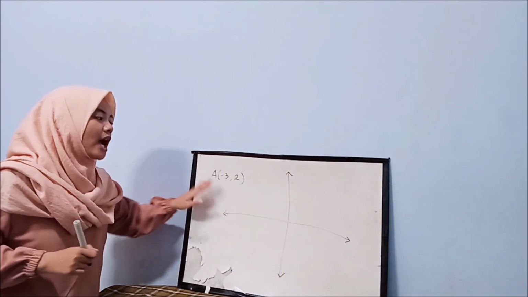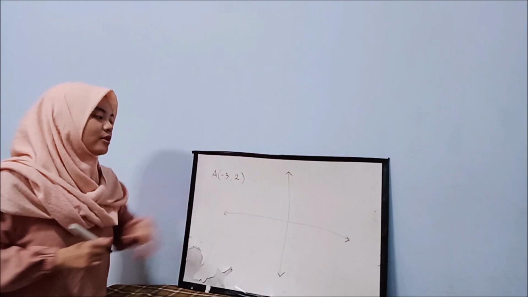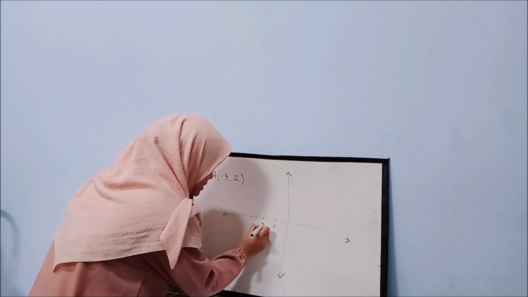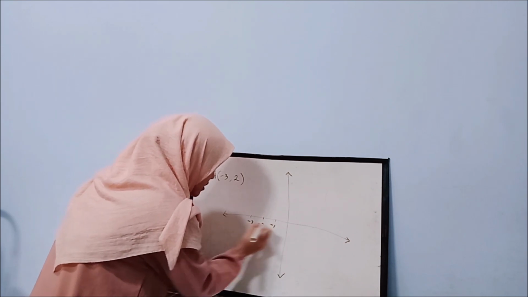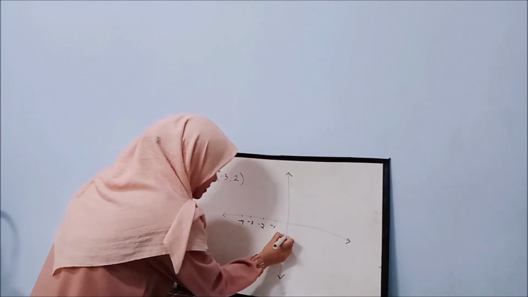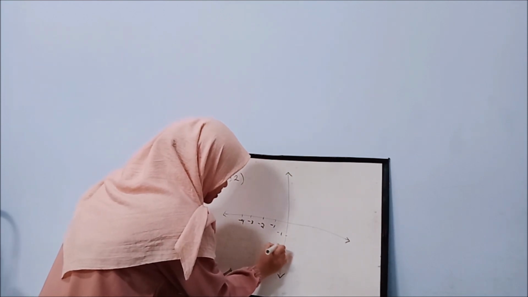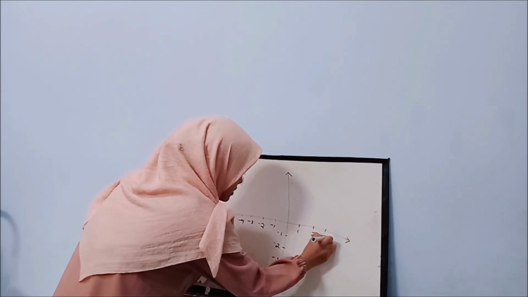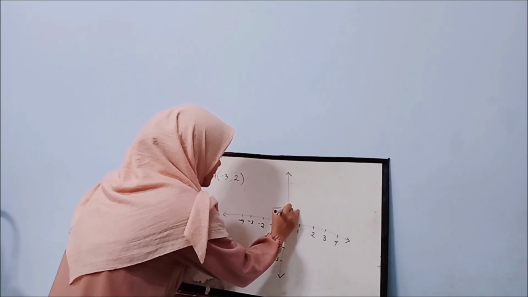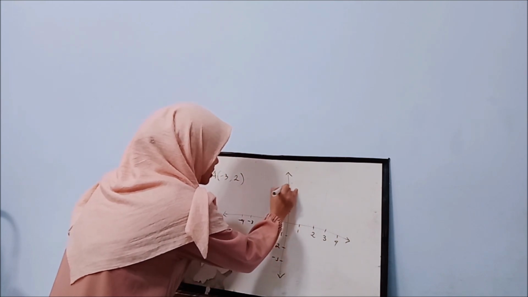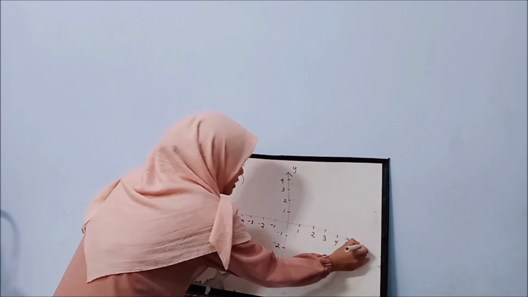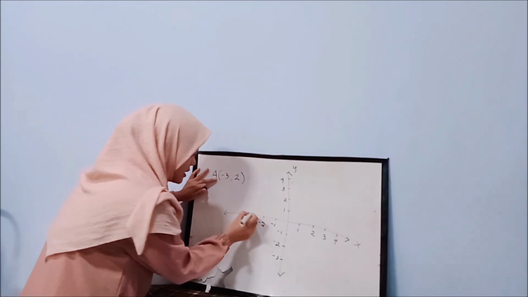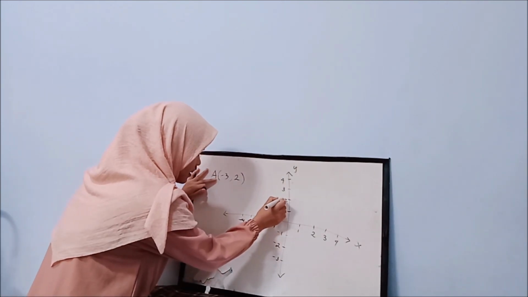So, if I put point A in this Cartesian coordinate, this is Y, this is X. So the place of point A is here.